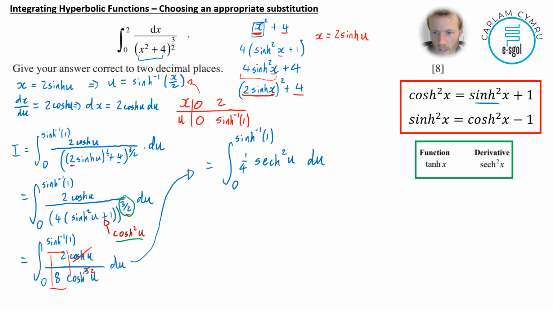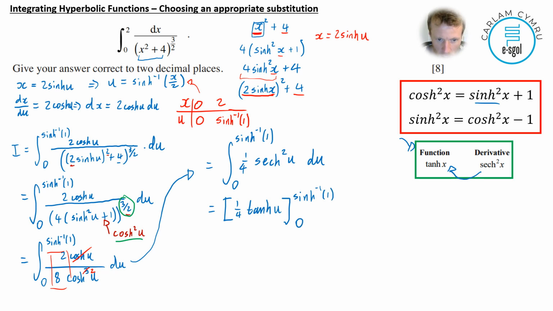This then is where I need to look in my formula book, and it's what I mentioned earlier. You don't get given all the integrations, you need to look at the derivative page. So if I know that my derivative of tan x takes me to sec squared, I can work backwards and use that fact. So when I integrate this, it gives me a quarter tan u between the inverse sine of 1 and 0.